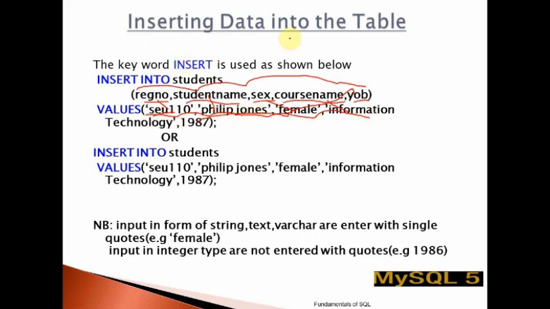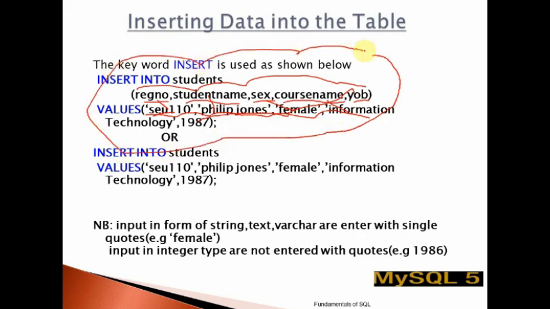Otherwise, you'll get an error. Now, this is one way that we can enter data. We have another way where you can basically just say insert into students, and then you don't specify the attributes, you just go straight away and define or give the data that will be stored in that particular table.